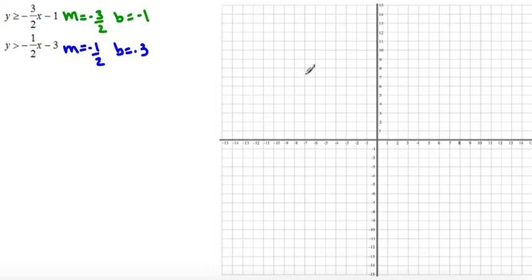To graph the first inequality, I start at -1, and my slope is -3/2, so I go down 3 to the right 2. And then to extend it, I go up 3, left 2.